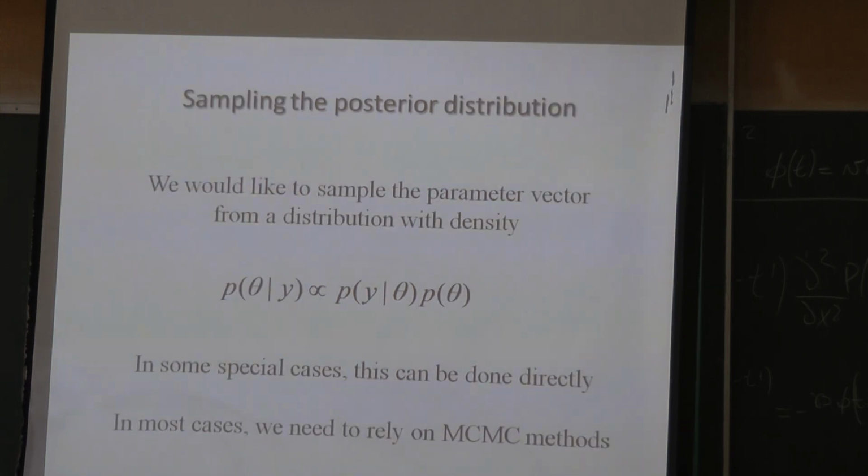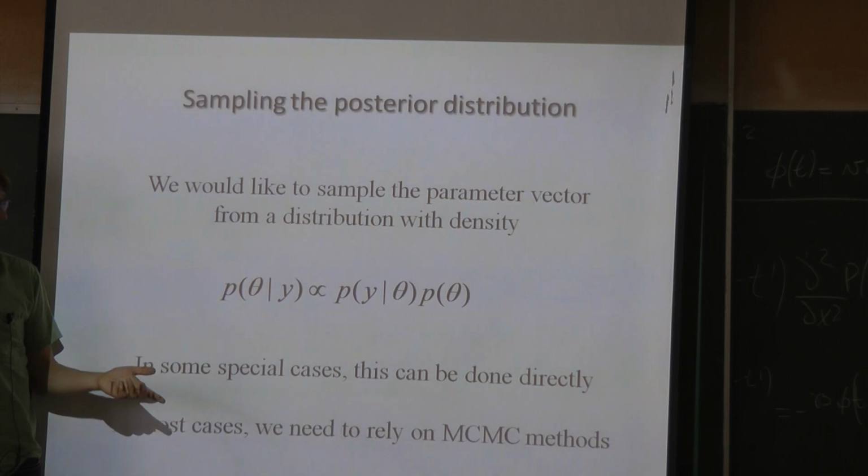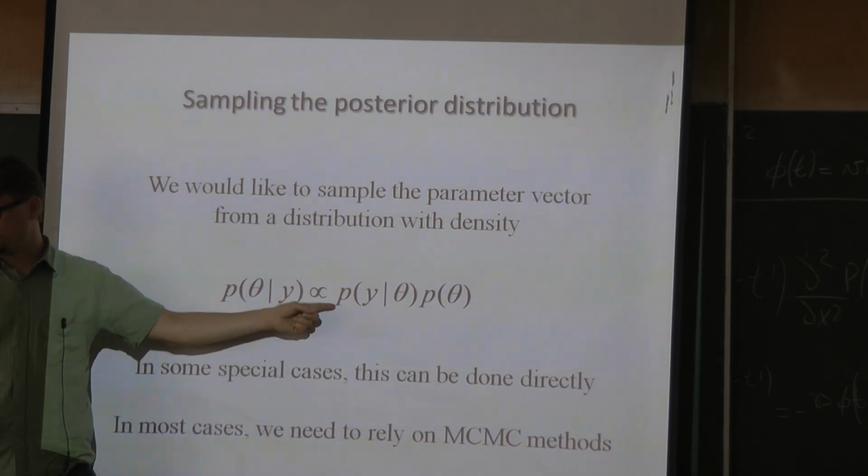So what we would like to do is to sample the parameter vector theta from a distribution which has a density which is proportional to this expression here.